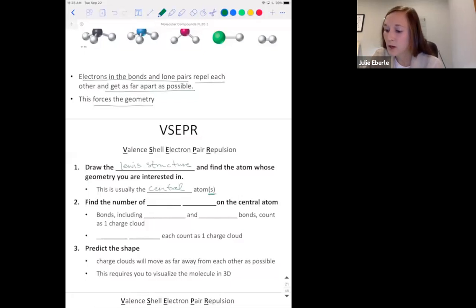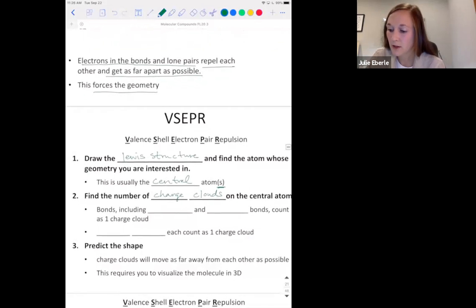Then you're going to find the number of, these are called charge clouds. I'm going to introduce something new here, charge clouds. All right. So we're going to talk about what a charge cloud is. So you're going to find the number of charge clouds on the central atom. You're just counting the charge clouds on the central atom. Okay, what is a charge cloud? These 2 bullet points underneath tell us bonds are charge clouds. And that includes double and triple bonds.